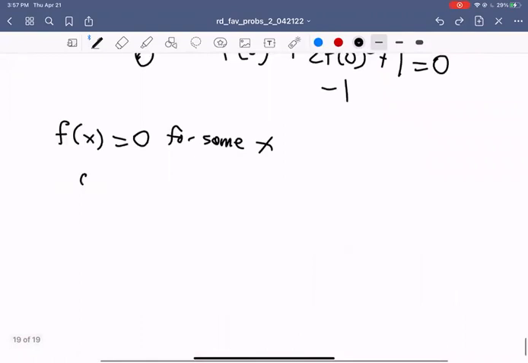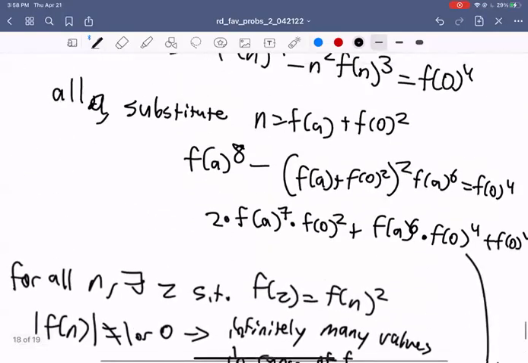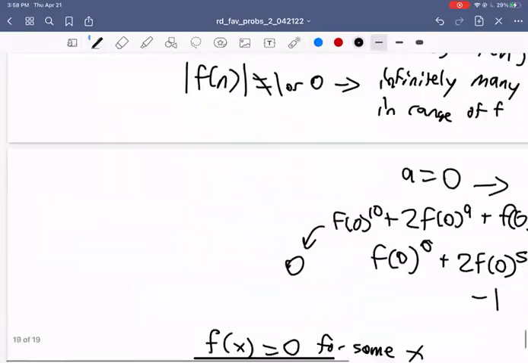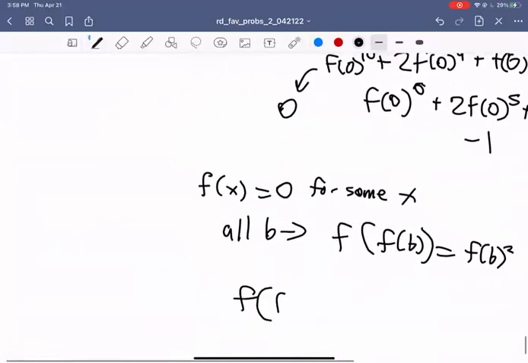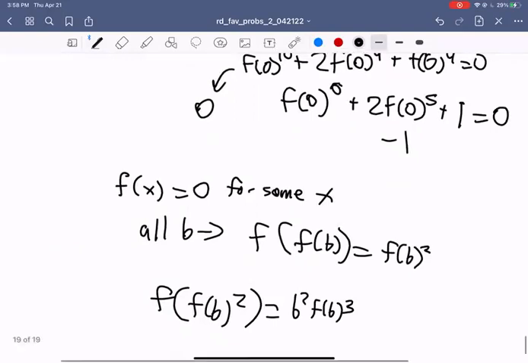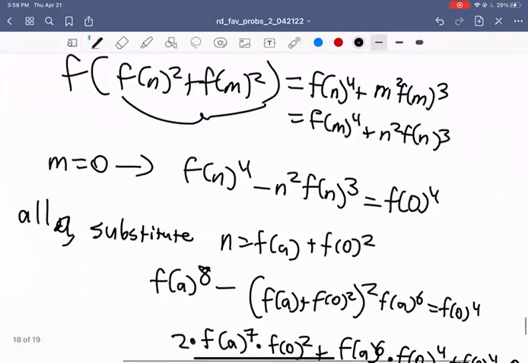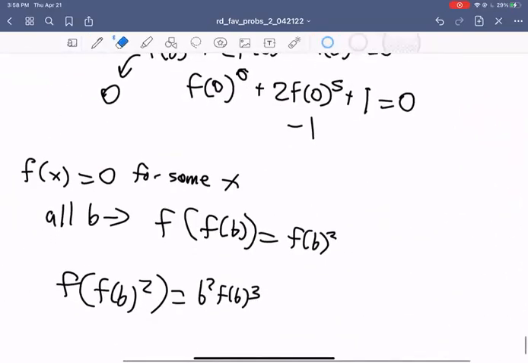Then for all b, we have f(b)^2, just f(b) equals f(b)^2. And by substituting the other way, we see f(b)^2 is equal to b^2 f(b)^3. I think there's a better way for this. Yeah, this is not the right way.